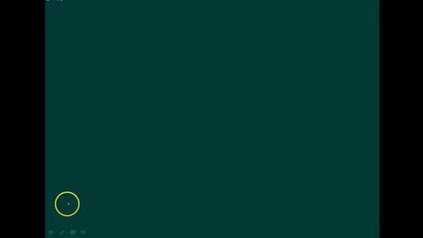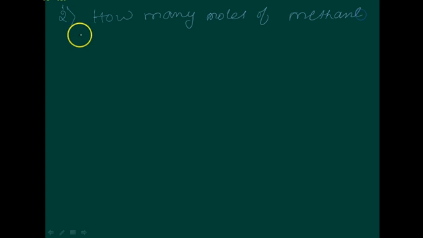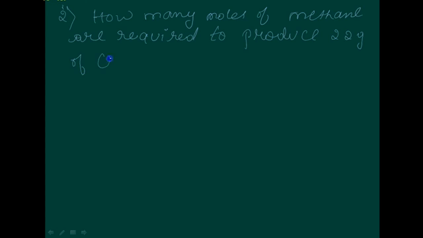So consider the next example, the second one. The question is: how many moles of methane are required to produce 22 gram of carbon dioxide after combustion?